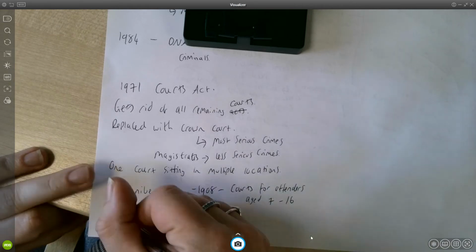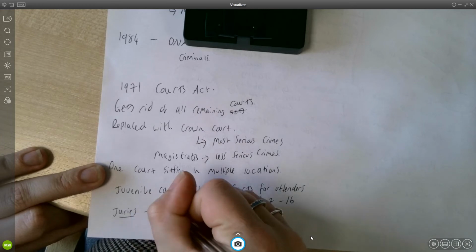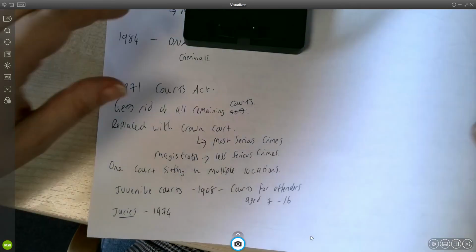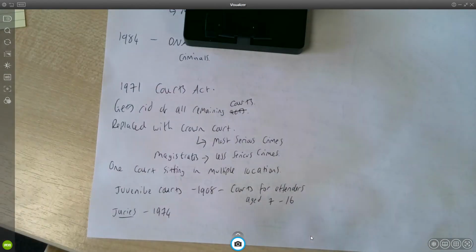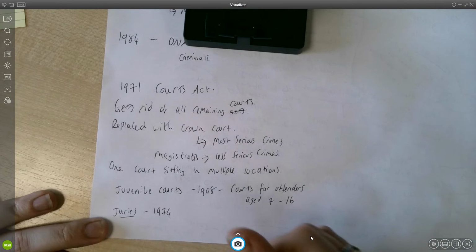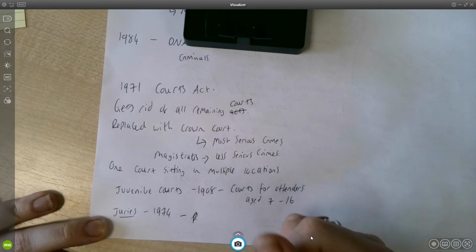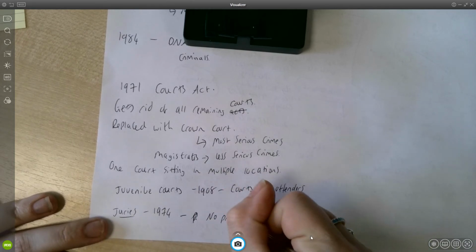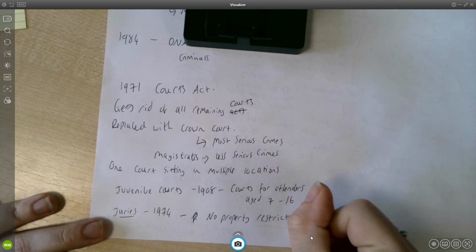Juries also change in 1974. So in the industrial period, juries had started to get a little bit more like the ones we know now, as had the court system with lawyers, etc. But in 1974, the need to own property was removed for jurors. So no property restriction for jurors.